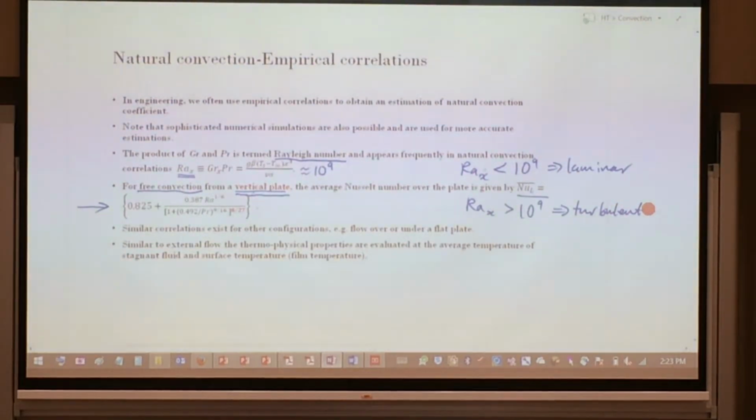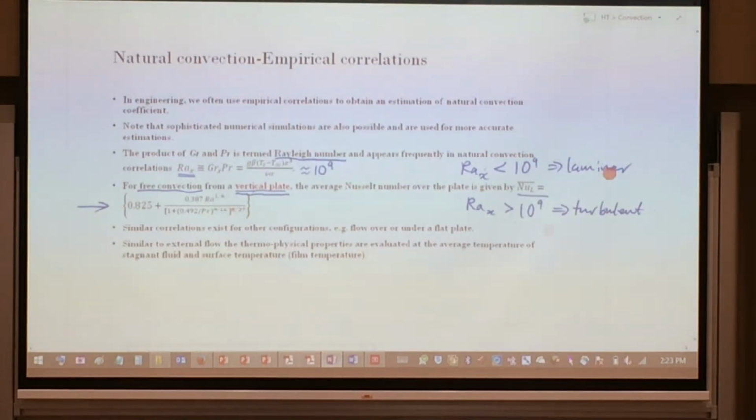If Rayleigh number is exactly at 1 times 10 to the power of 9, we don't know, because in this case, it hasn't been defined yet. But in various textbooks, even this number itself will vary. All right, so it varies a little bit for different textbooks. In the case of Glasgow, they adopt that anything that's less than 1 times 10 to the power of 9, we call it laminar region.